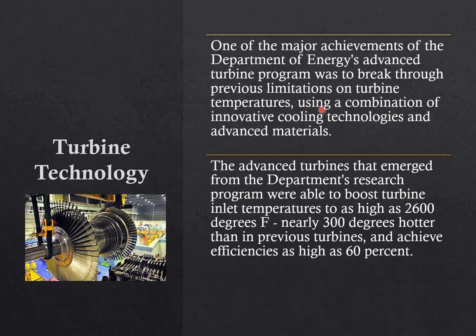They break through the previous limitations connected to turbine temperature. How are we going to solve the temperature issues? They came up with a combination of new technology, that is cooling technology, and also advanced material that can withstand very elevated temperature.